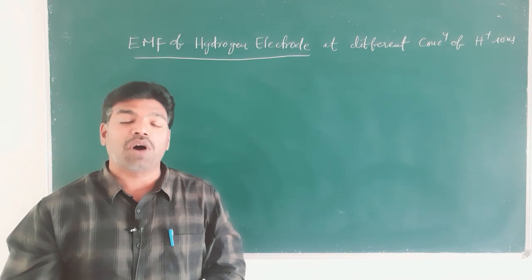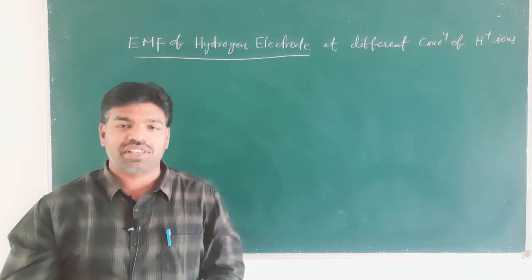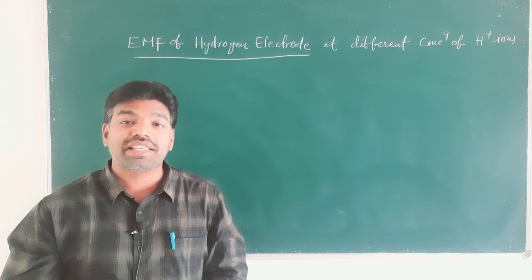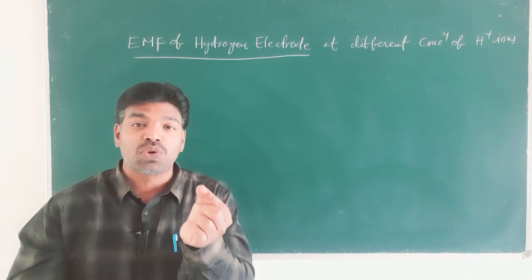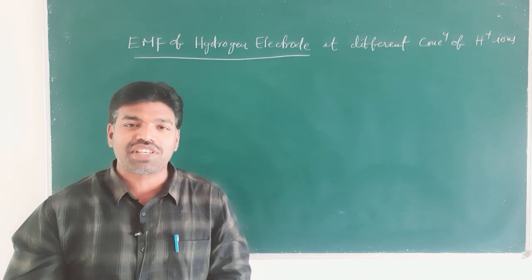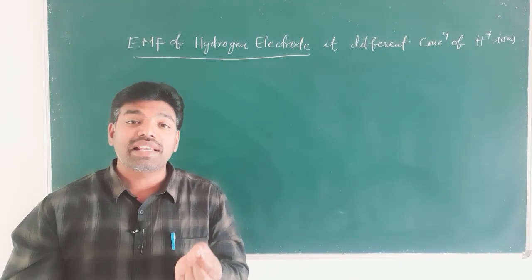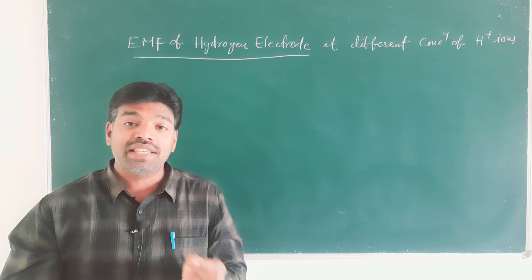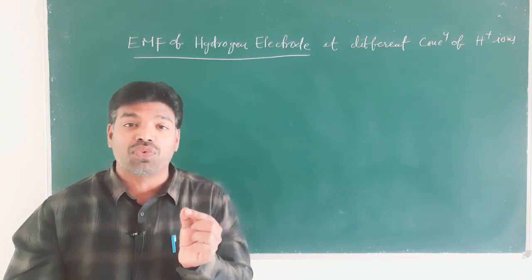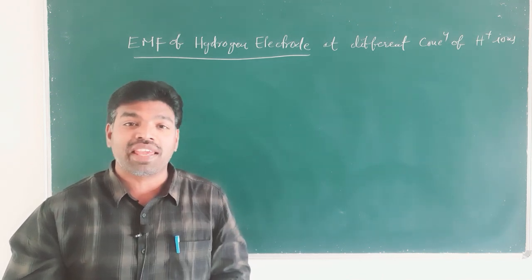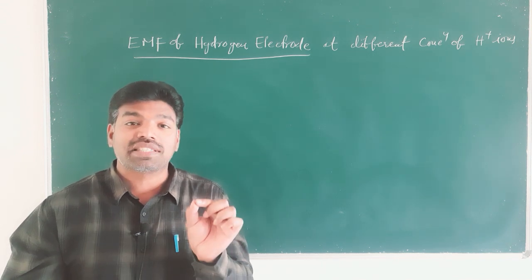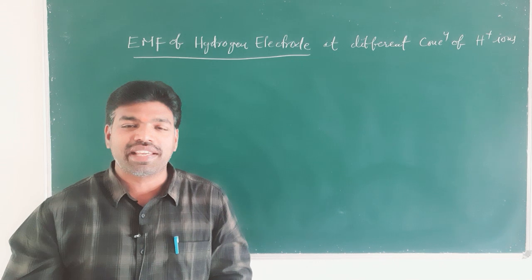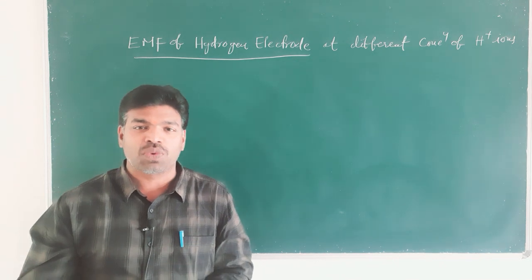It is possible by the Nernst equation, because the Nernst equation is applicable to single electrodes also, and it enables us to find the EMF of a single electrode by taking E naught cell as 0.